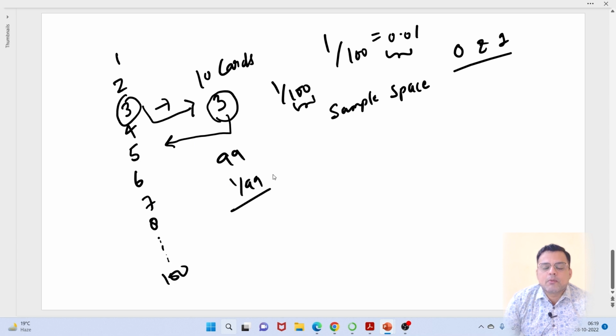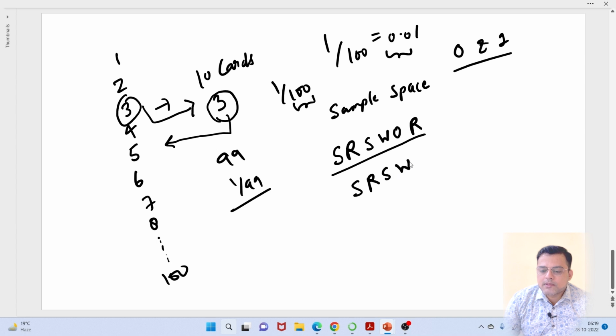The probability changes. If I am not putting the card back into the deck, it is called simple random sampling without replacement.